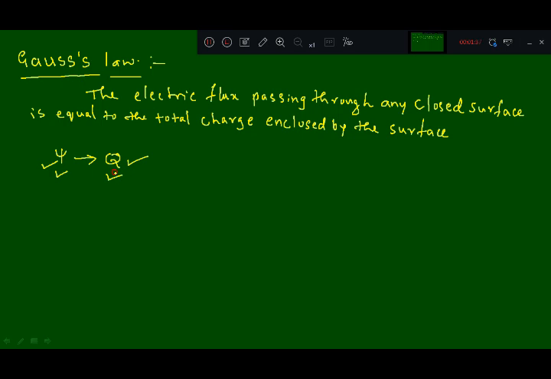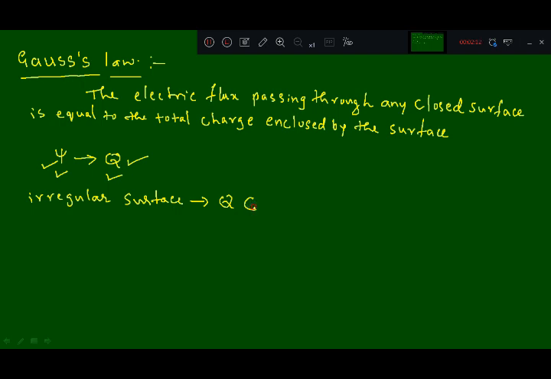Then how to represent it mathematically? Let us assume the total charge enclosed by any irregular closed surface, and it has a charge of Q coulombs.